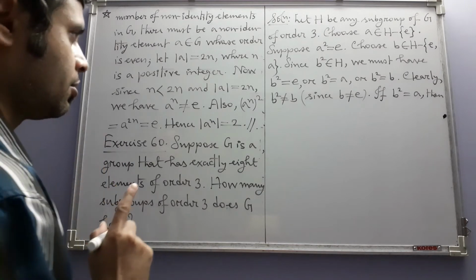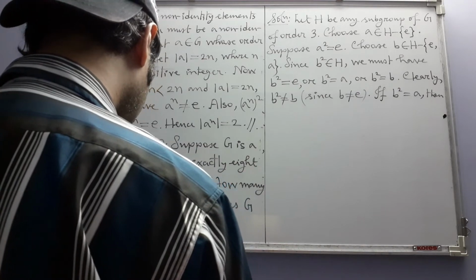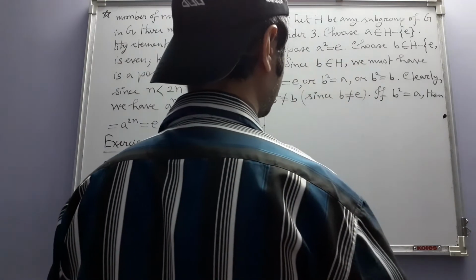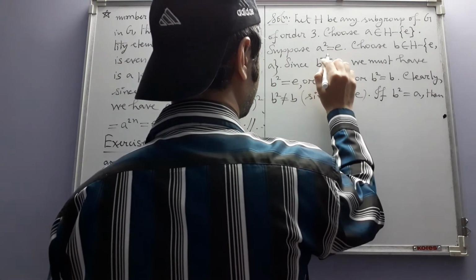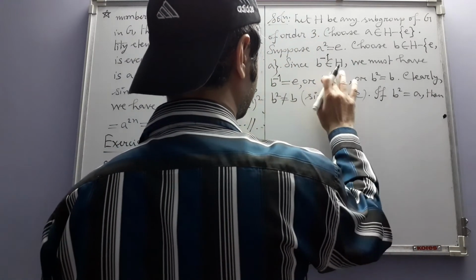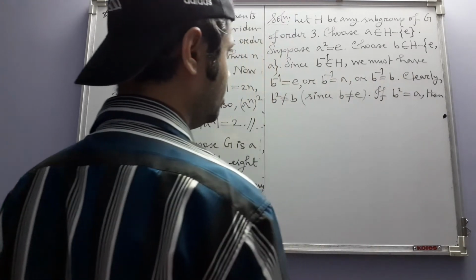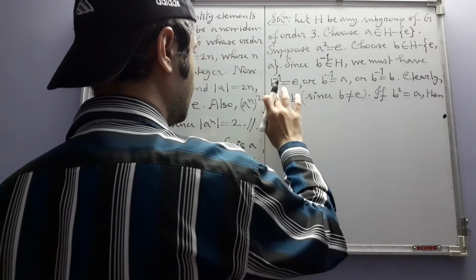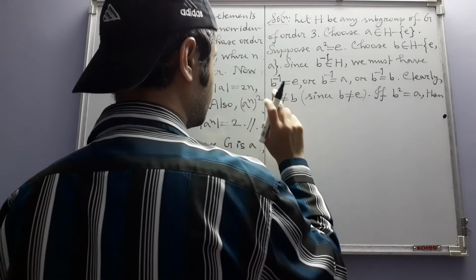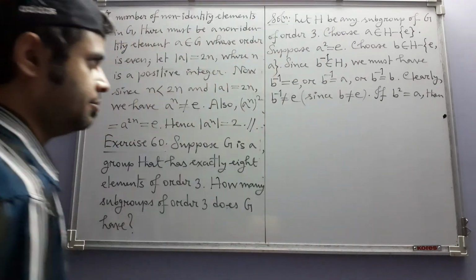Or instead of considering B square, I think it will be better to consider B inverse. We must have B inverse equal to identity, or B inverse equal to A, or B inverse equal to B. Okay, clearly B inverse is not equal to identity, since B is not identity.